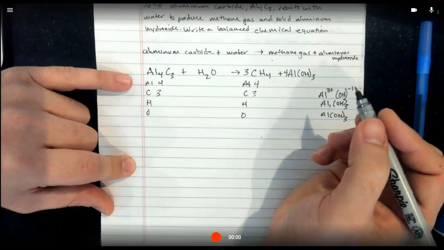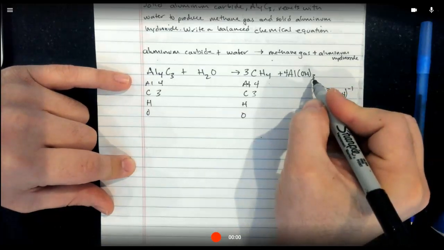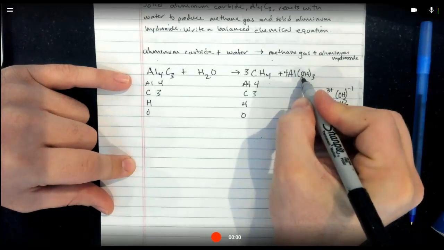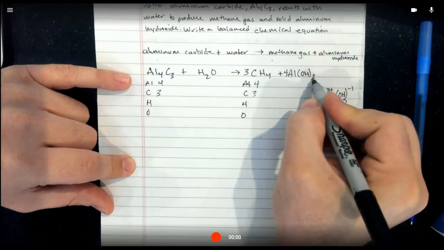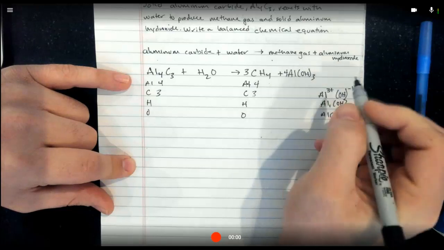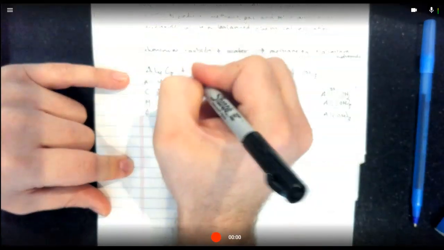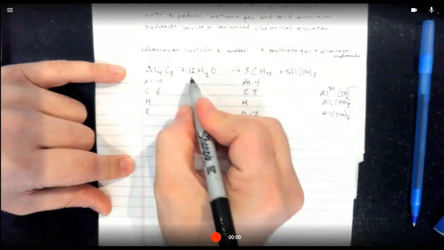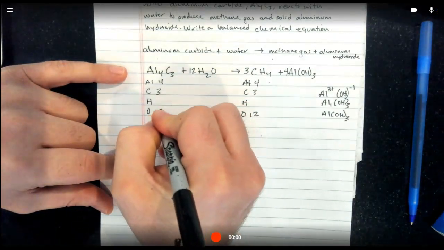Now we have hydrogen and oxygen to deal with. With the oxygen, we have 4 units of aluminum hydroxide, and each aluminum hydroxide has 3 oxygens. So 3 times 4 gives us 12 oxygens. So now we need to put a 12 in front of our water to give us 12 oxygens on the left-hand side.